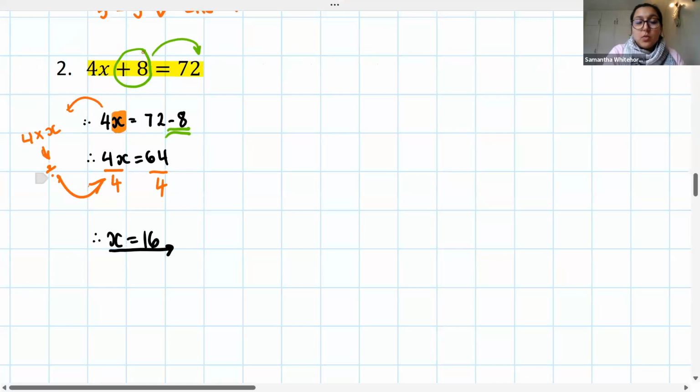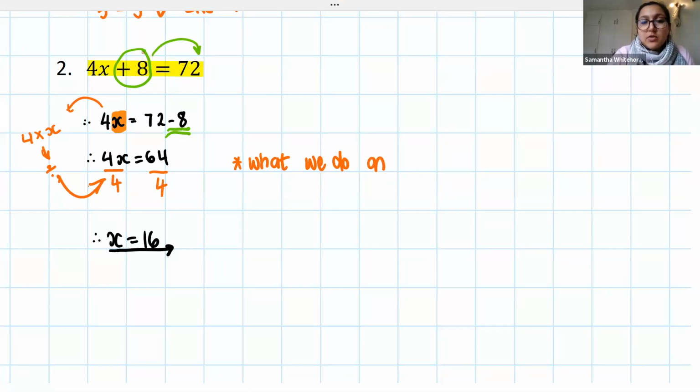What I do on one side, I have to do on the other side. So if I'm going to divide 4x by 4, I also need to divide 64 by 4. 64 divided by 4 gives me 16. And so my value for x is 16. I'm just making a note here: what we do on one side of our equation, we must do on the other.